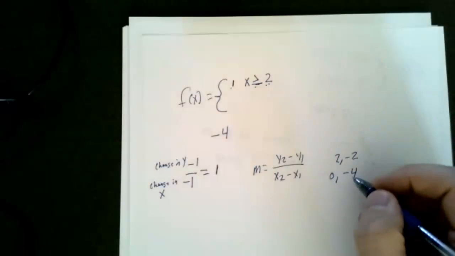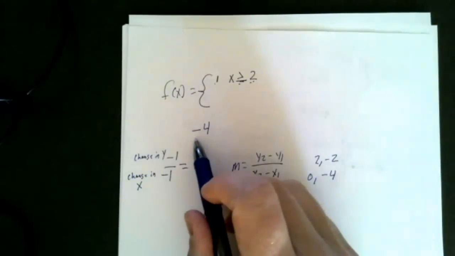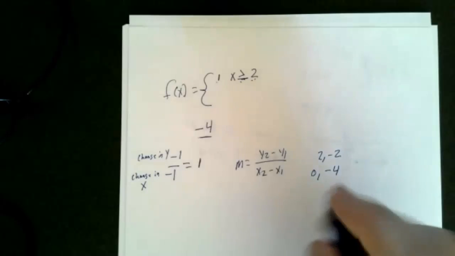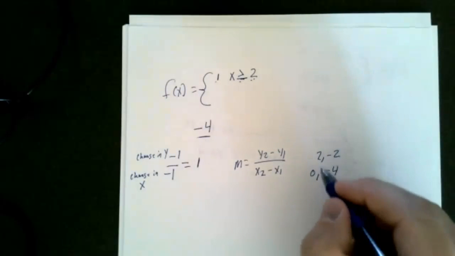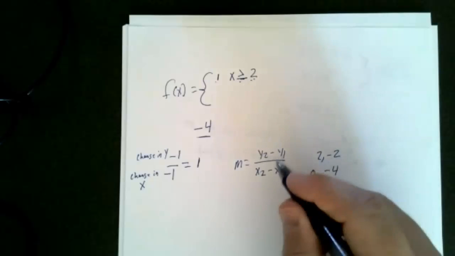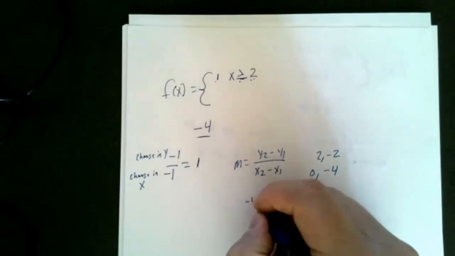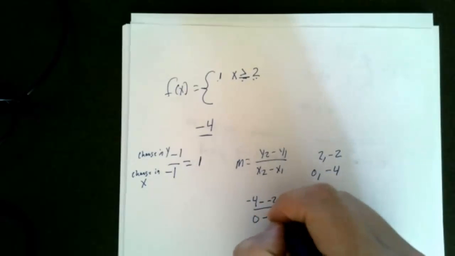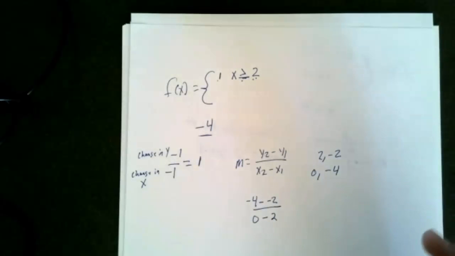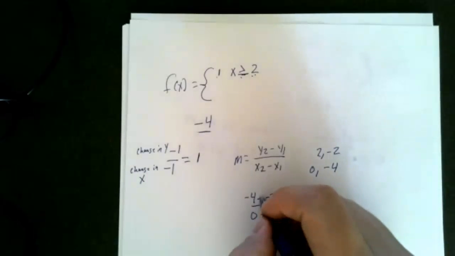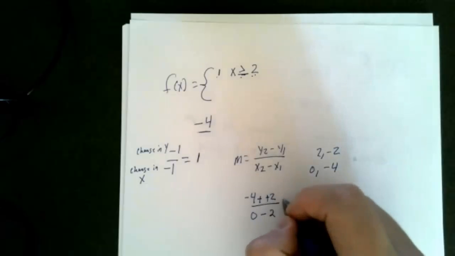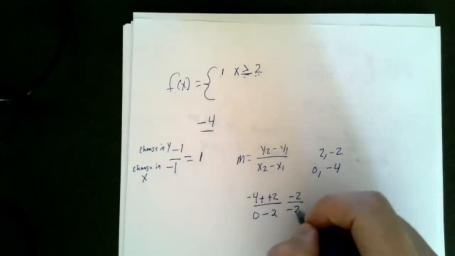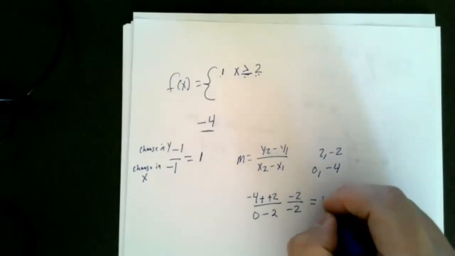Once again, I already have my y-intercept, so the graph was nice for me to have that. If I don't have that, then I just run it through the slope formula. I'm going to plug these in. So I'm going to have -4 minus -2 over 0 minus 2. Voila, just like that. -4 minus -2 is -2. 0 minus 2 is -2. -2 divided by -2 simplifies down to be 1.